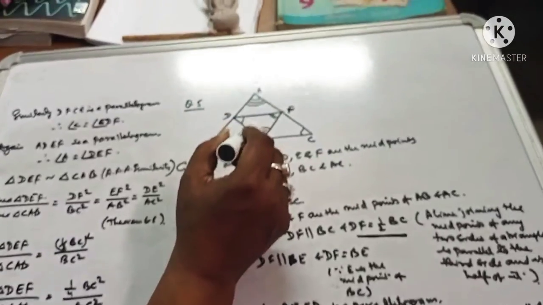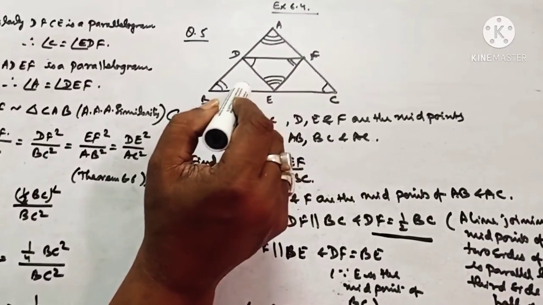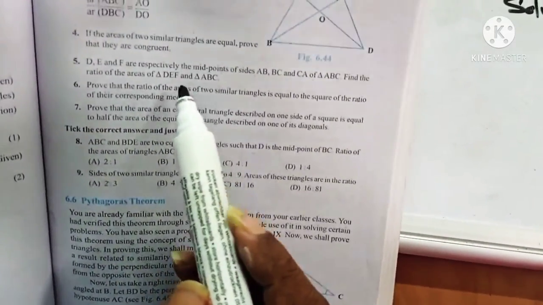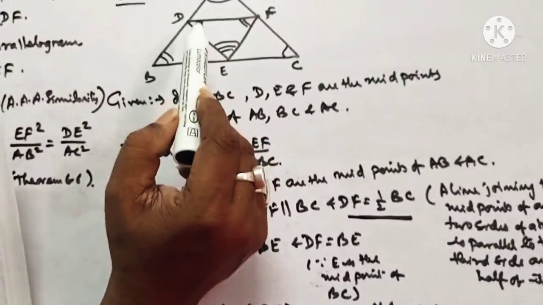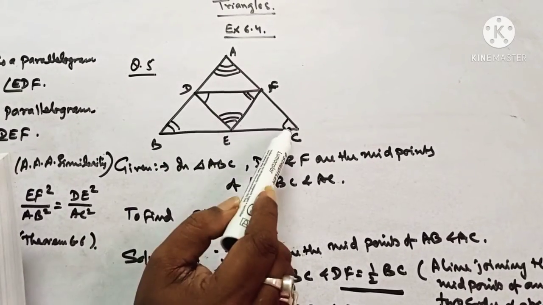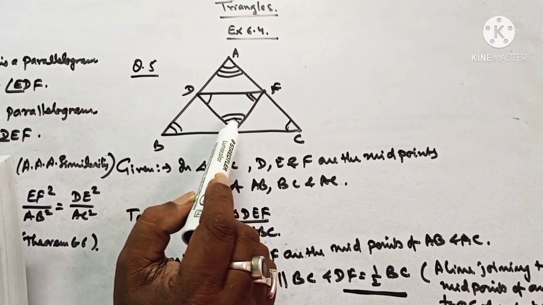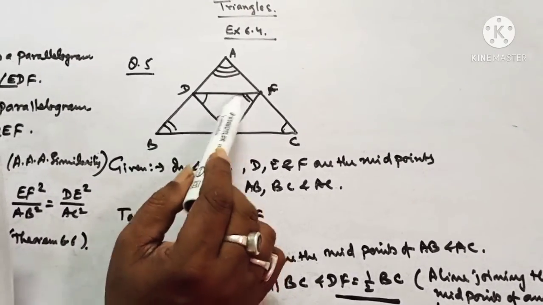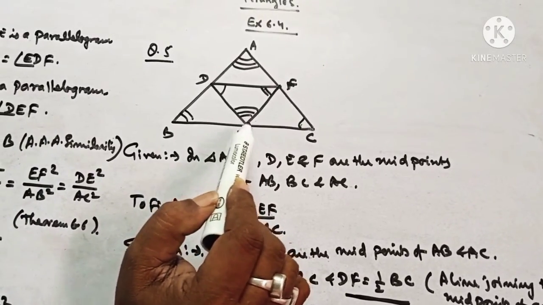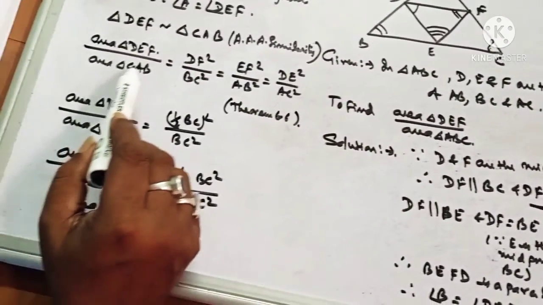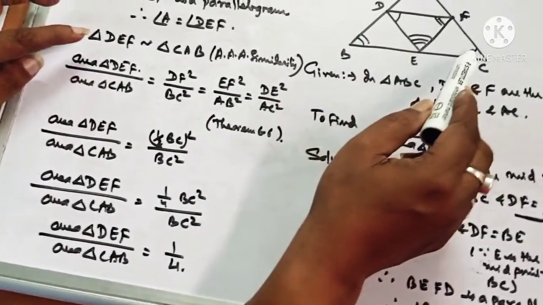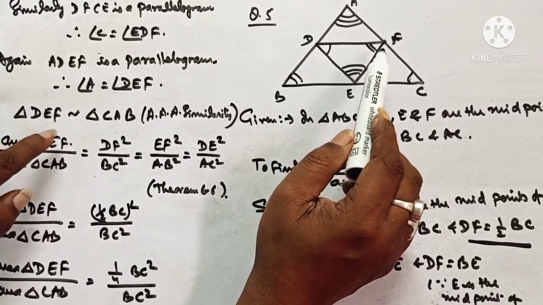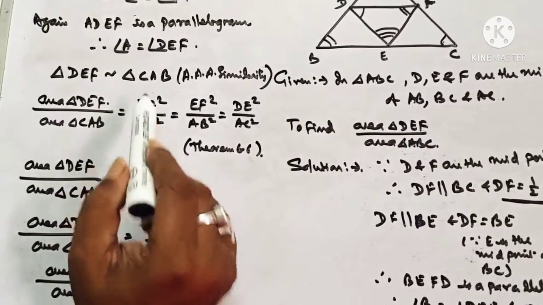Because in the question the ratio was DEF and ABC, but in the figure you see angle D is equal to angle C, angle A is equal to angle E, and angle B is equal to angle DFE. So instead of ABC I have to write C, because D is equal to C. E is equal to A and F is equal to B. So I have to write it like this, CAB.